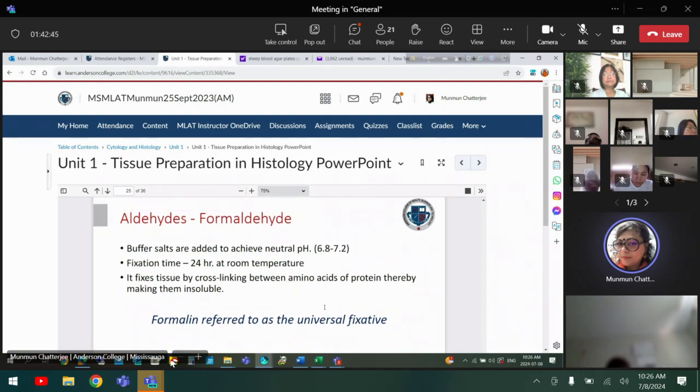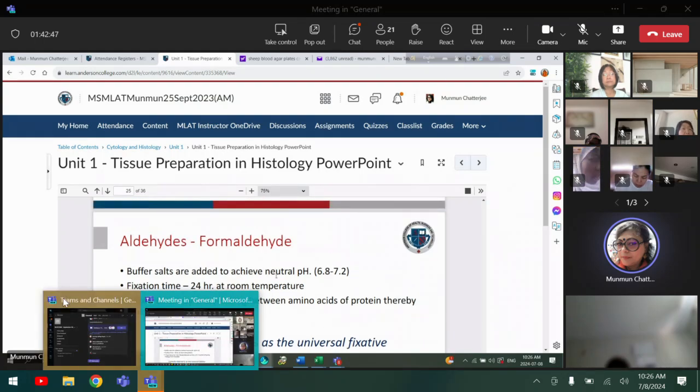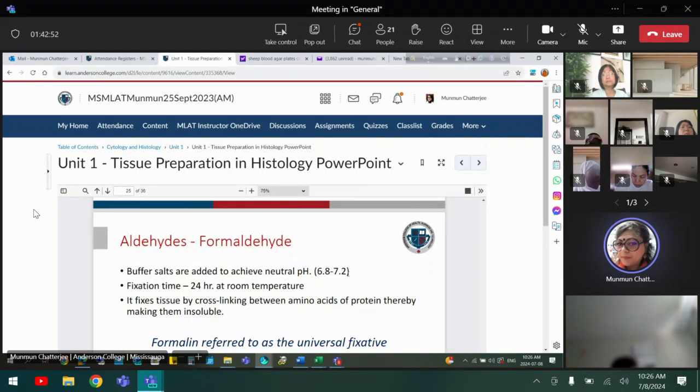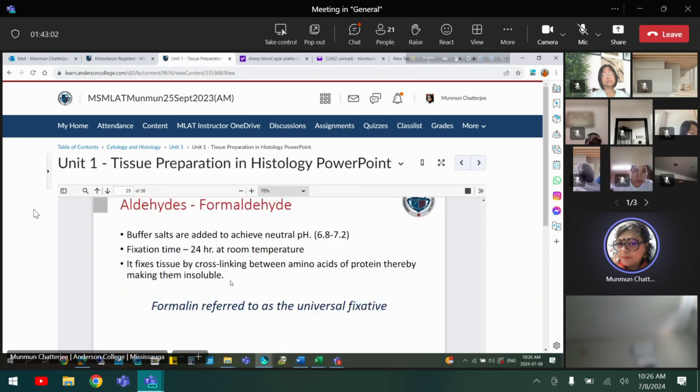Buffer salts are added to achieve neutral pH, so pH 6.8 to 7.2. Fixation time is 24 hours at room temperature. It fixes tissue by cross-linking between amino acids of protein, thereby making them insoluble. It's not that important how it fixes the tissue.